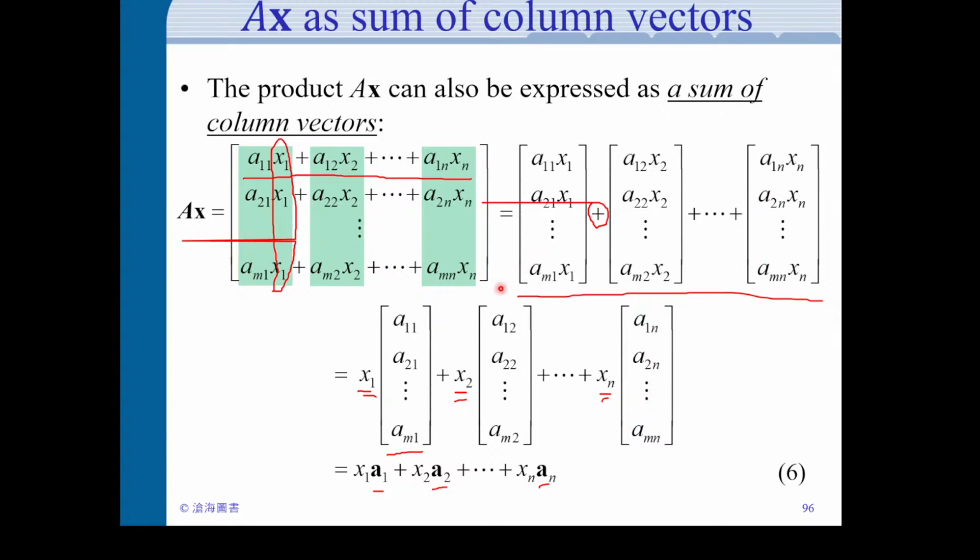But the important thing here is a different interpretation. So you can think about this as a sum of column vectors, because when we write it out, it's this summation of a linear equation here, and we see that it's this column vector times x1.